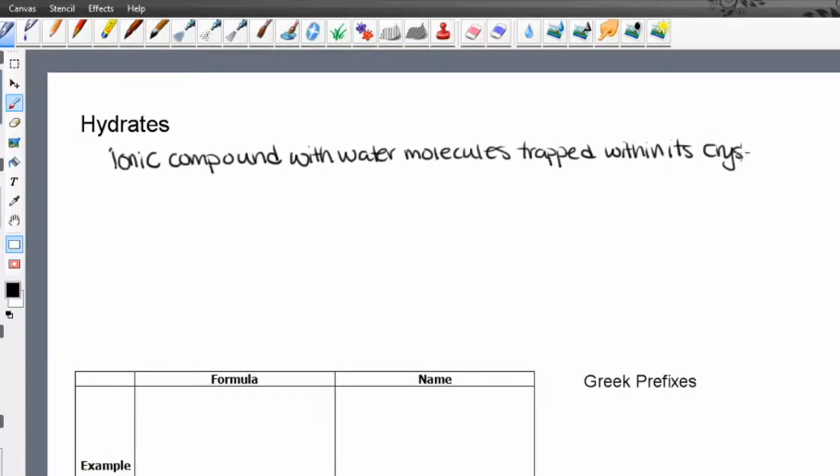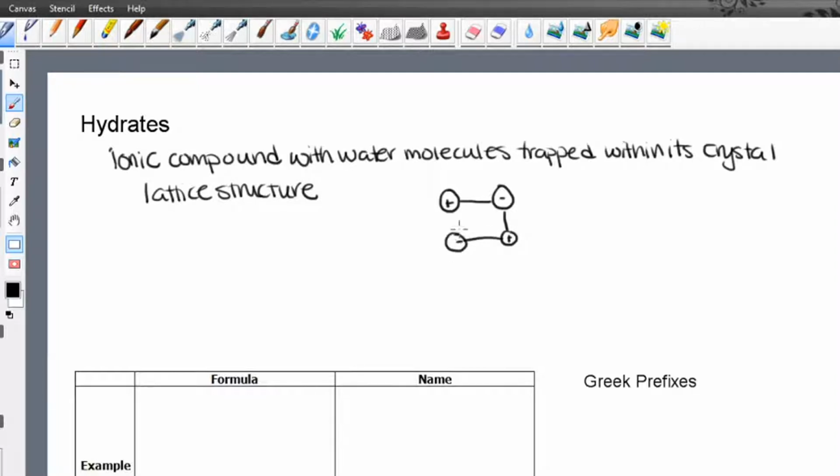If you remember what a crystal lattice structure looks like, we'll draw one here in a second. You'll see some spaces where you can imagine there to be some water molecules trapped inside. So if this is our cation, remember cations are smaller than our anions, although that drawing didn't give you much of a size difference there.